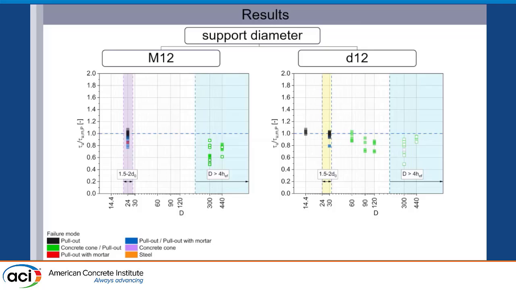In this case, this is lower than the value accepted by the acceptance criteria now, and you can see that we have a higher ratio, almost 1, between the bond strength and the bond strength for failure mode pull-out. If we go to the standard used support diameter, we have almost 1, so it is to be expected. And then with an increase of the diameter up to 120, we see the reduction in failure load.